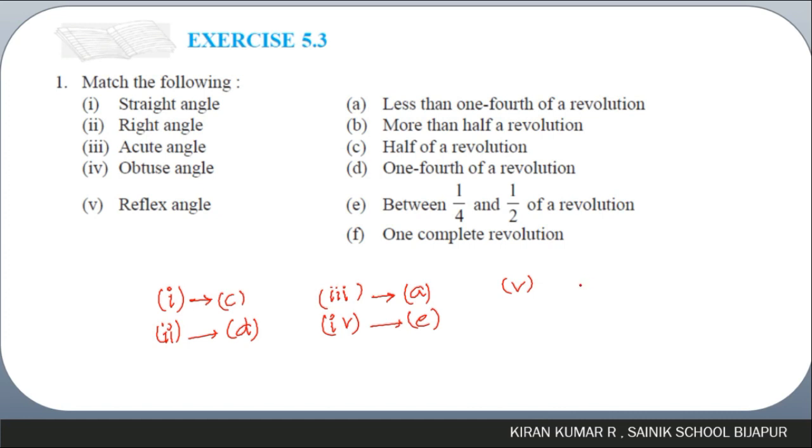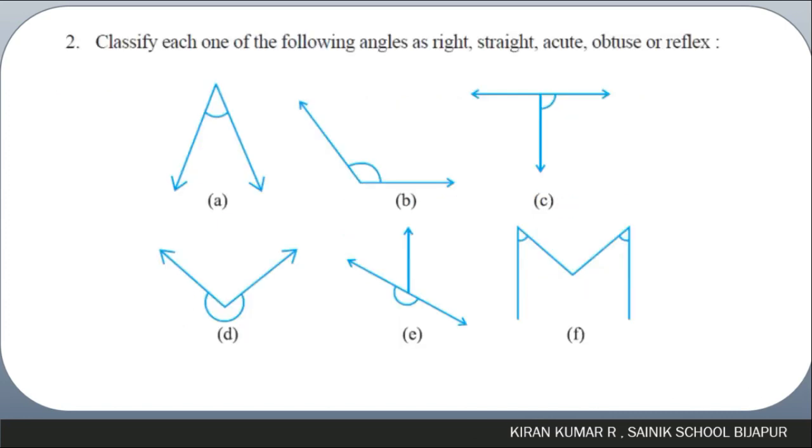So the right answer here, we need to search more than half a revolution, option B. And this one, complete revolution, is left out. This is forming a complete angle. That option is not there here. So the answers are: first one is C, second one D, third one A, fourth one E, fifth one B. Next question, second one.